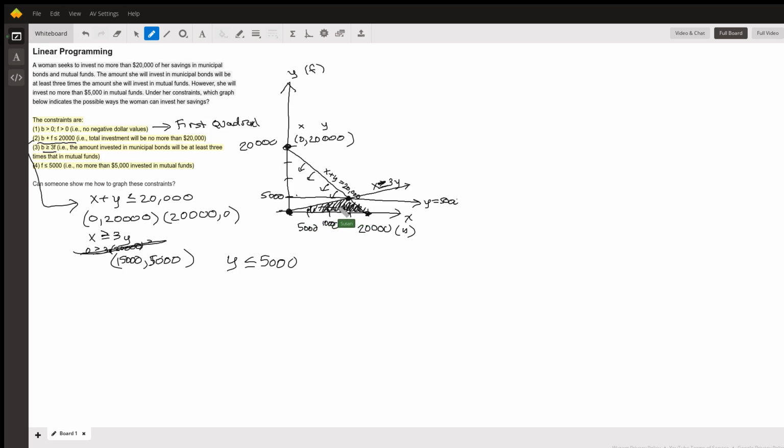If you wanted to check, you might pick a point like (15,000, 1,000) and see if that works for all of those constraints. If it does, then you know you're right. So that's what it looks like. All the points within that shaded area will work for this particular problem.